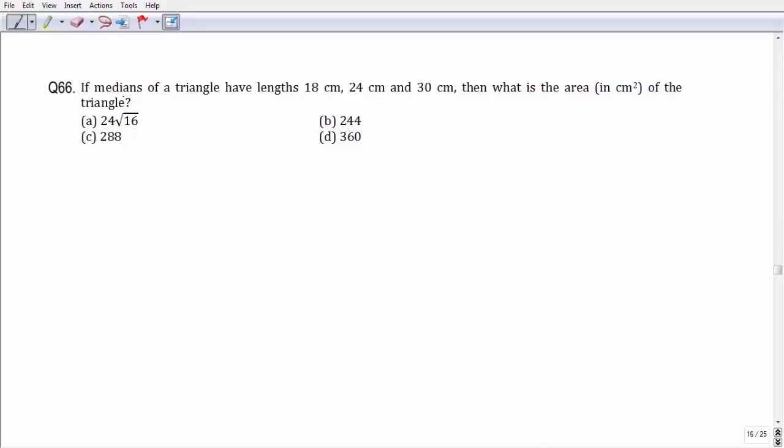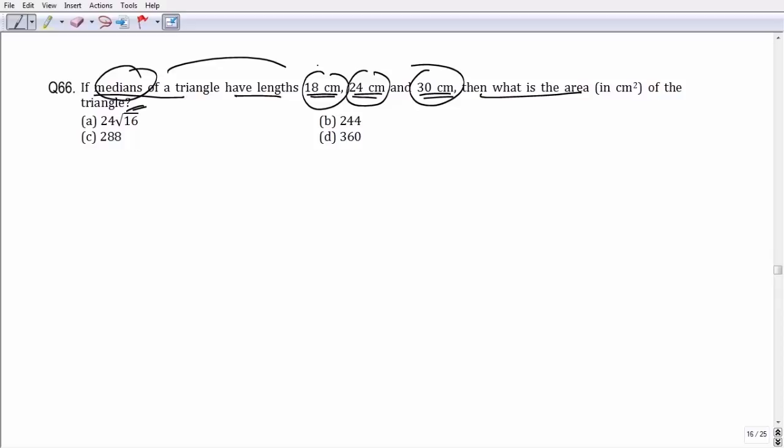Question number 16. Now it says that if the medians of a triangle have lengths 18 centimeters, 24 centimeters and 30 centimeters, then we have to find out the area of the triangle. Now always remember that if these 18 centimeter, 24 centimeter and 30 centimeter medians are also made into a triangle, then 4/3 of the area of that triangle is always the area of the actual triangle.